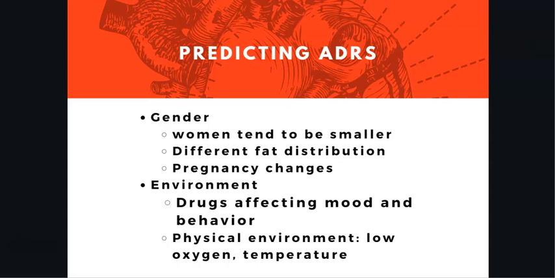So when we're talking about predicting adverse drug reactions, women tend to be smaller. They have a different fat distribution, and they can get pregnant and have these pregnancy changes. Drugs may affect mood and behavior. Maybe different temperatures, like low oxygen or temperature changes, also affect drug reactions.